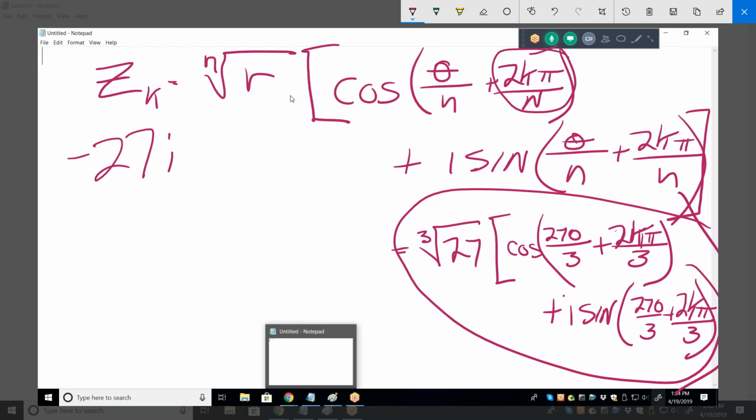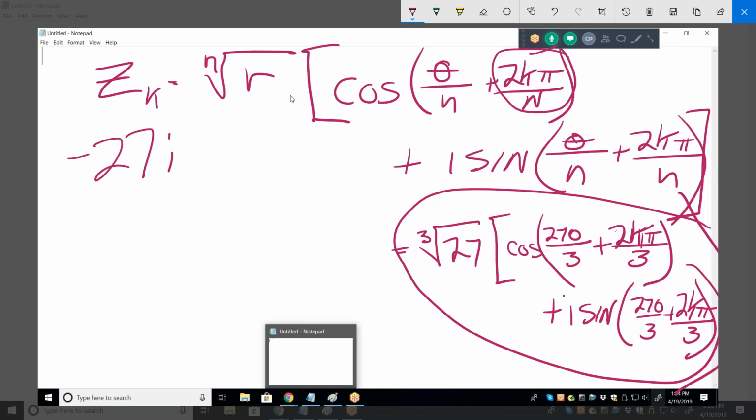Remember when I was talking about the 8th root of 1? That is a complex number, and if you multiply it by itself 8 times, you will end up with 1. That's what the 8th root of 1 means.